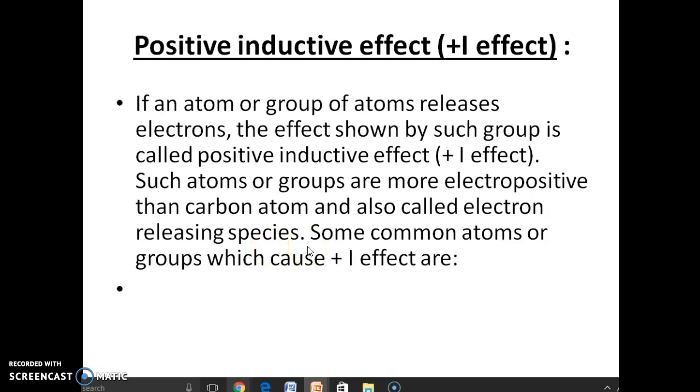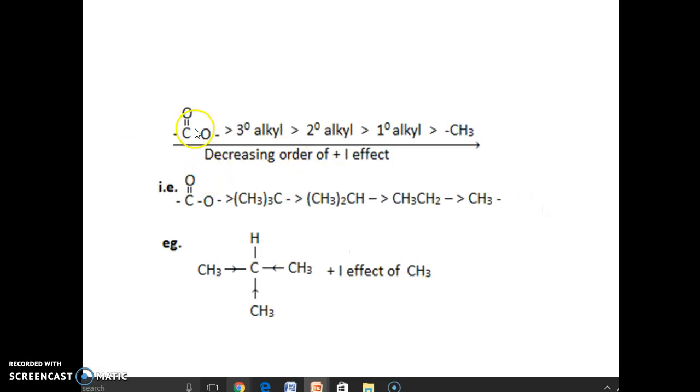Some of the common atoms or groups which can cause plus I effect are these, and this is a decreasing order of the plus I effect of all these atoms or groups. So if you take here, there is a plus I effect of the CH3 group showing towards the carbon. So electron releasing groups usually cause plus I effect.